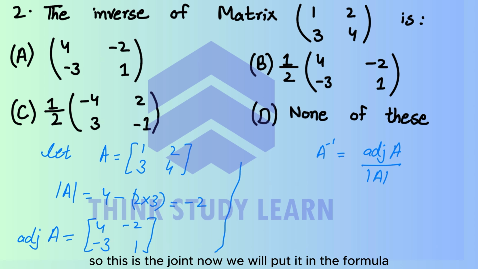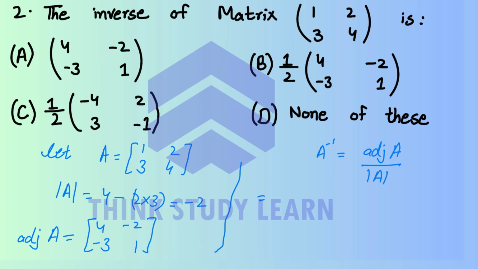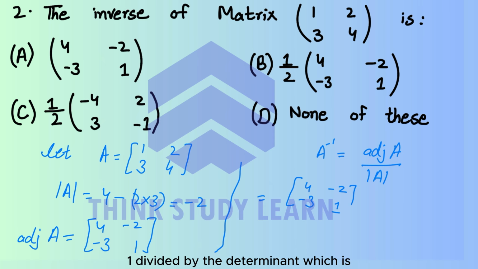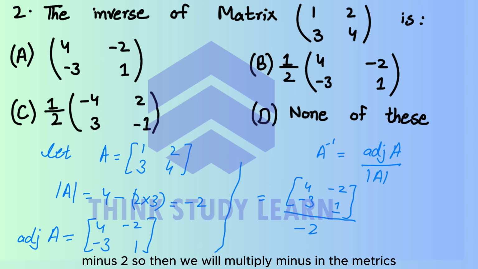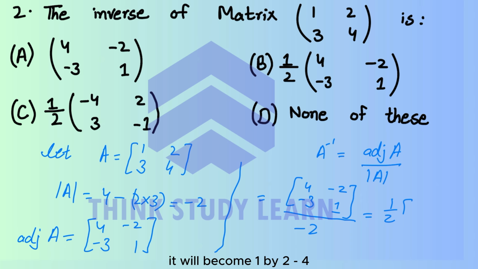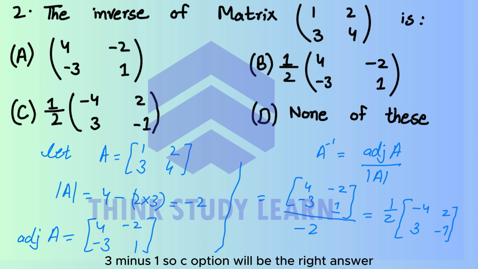Now we will put it in the formula: 4, minus 2, minus 3, 1 divided by the determinant, which is minus 2. When we multiply the minus into the matrix, it will become 1 by 2 times minus 4, 2, 3, minus 1. So C option will be the right answer.